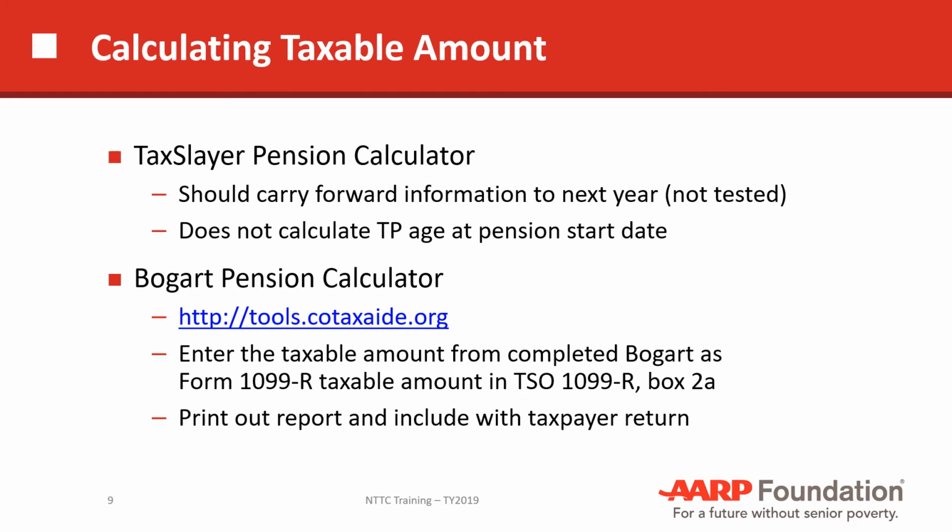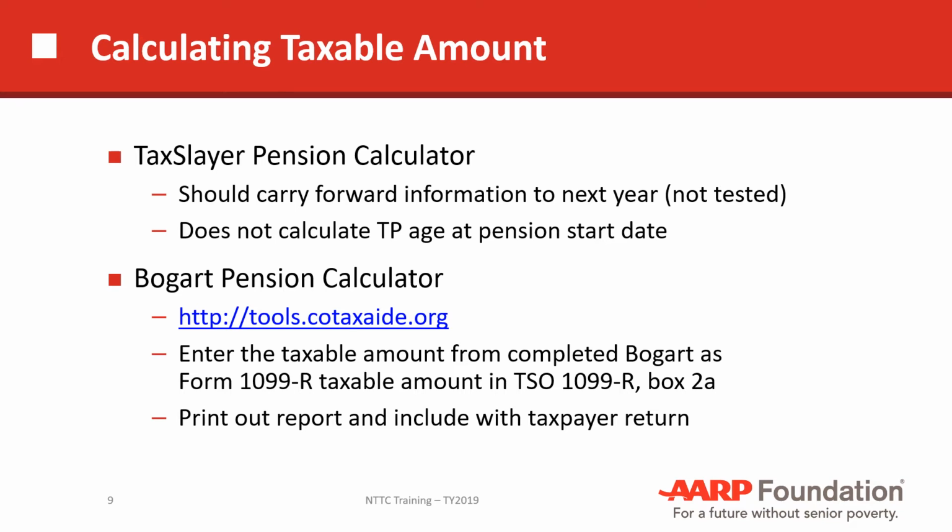So that pension calculator works fine, and the only problem with it is that it does not calculate the taxpayer's age at the pension start date. So that's a piece of mental gymnastics that we have to go through in order to use that calculator. We have to stop and think, okay, how old was this taxpayer when they first started receiving payments from their pension? And that, unfortunately, is prone to mistakes because you have to stop and think.